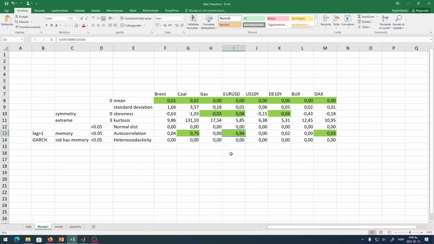So if you are looking at floating exchange rates, if you would add further and more floating rates, usually they are behaving or they are really close to the requirements of efficient markets. So you can see that also their kurtosis is way lower than what we can see in the case of the stock markets.